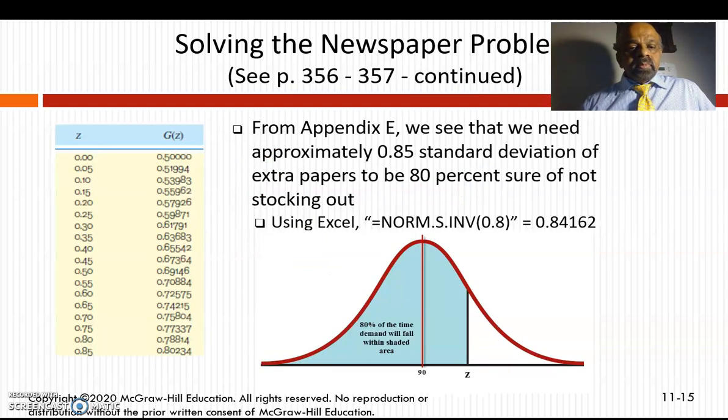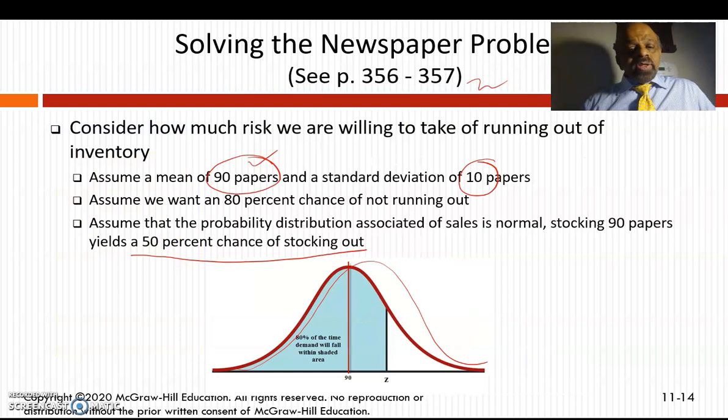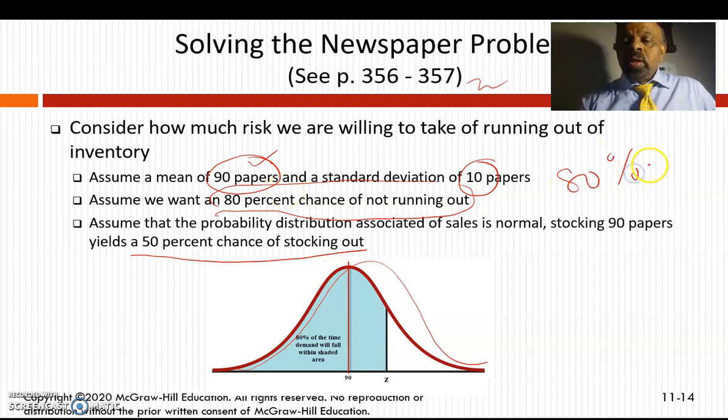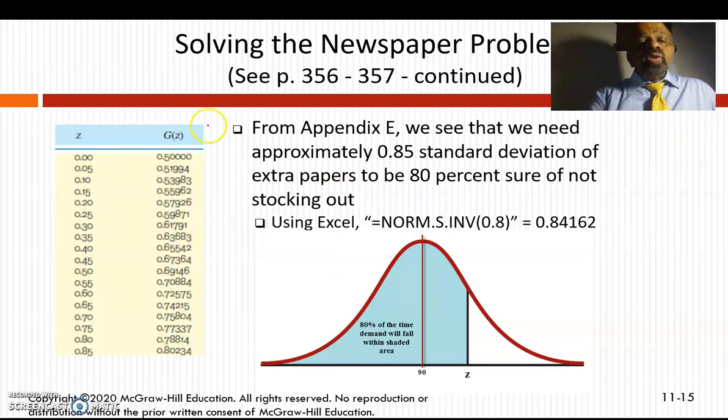Okay? So this is a simple one to do. You're taking the mean, you're taking the deviation, and we want an 80% chance of not running out of stock. That's what we want. So when we say an 80% chance of not running out, this is an 80% probability, which is 0.8. So we go to Appendix E. Appendix E is going to give you a table.